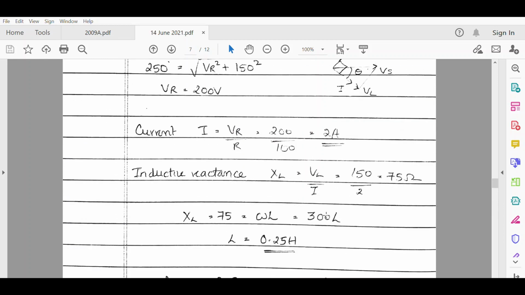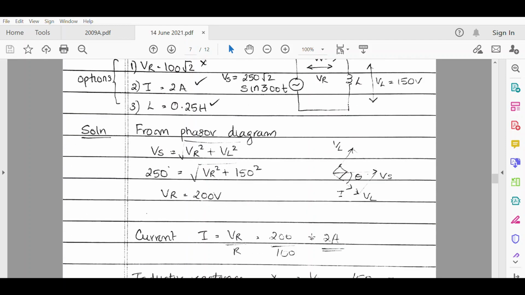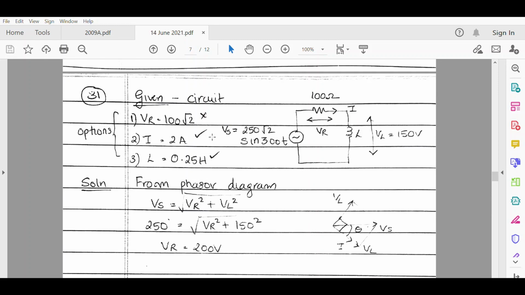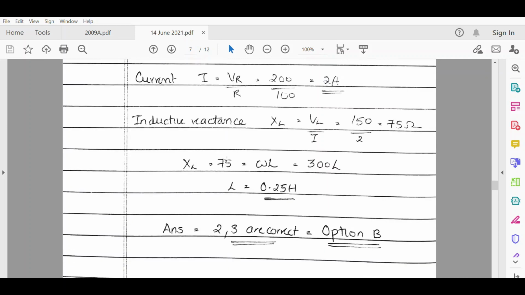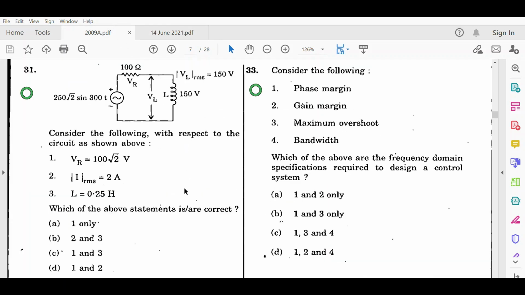So that can be substituted over here to determine the value of inductance as 0.25 Henry. So of the three options given, option 2 and option 3 are correct. So we'll just see the options, and option B gives us the correct statements as 2 and 3. So this is the correct answer.